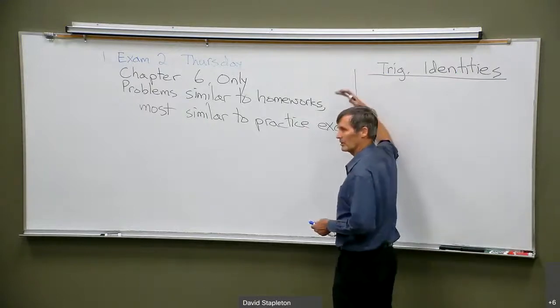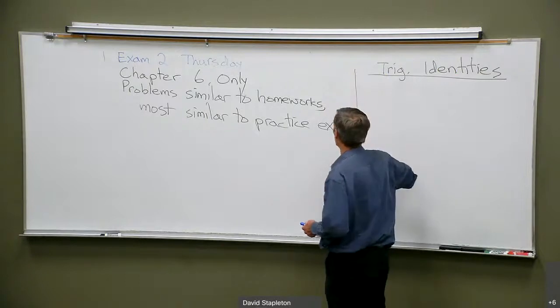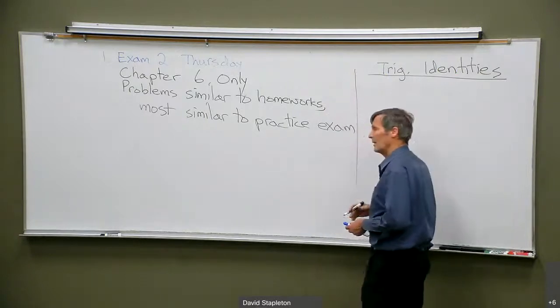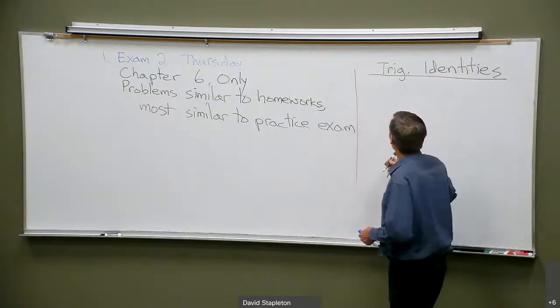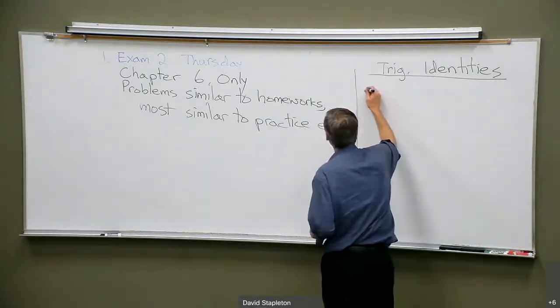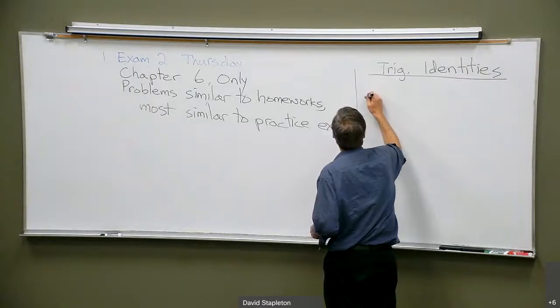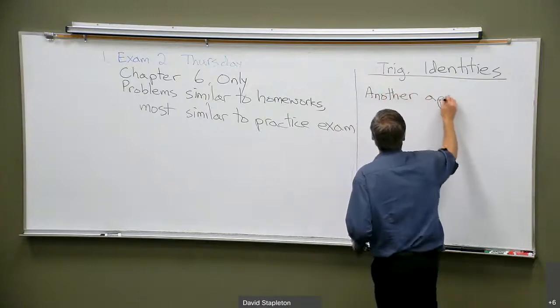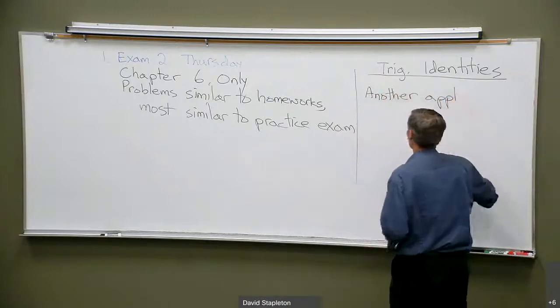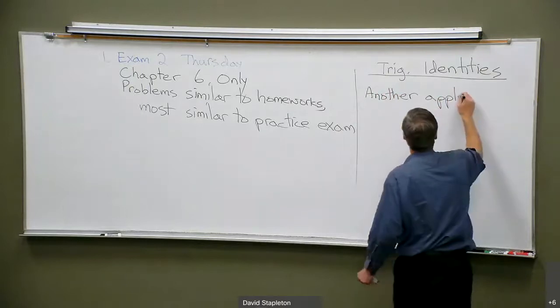I gave you an exhaustive list of all the trig identities we've had so far, and the object was then, one, to simplify equations, and we had those rules of thumb. A second application of trig identities is to prove new identities. You can make your own designer identities, I like to say.